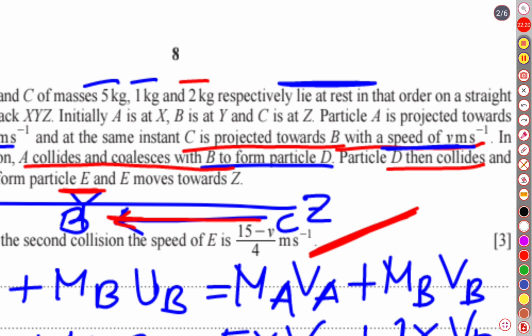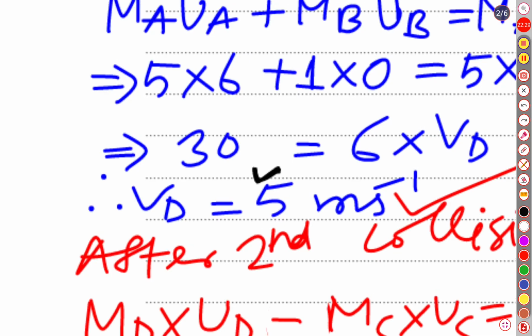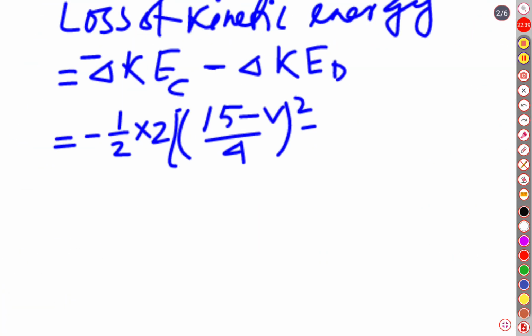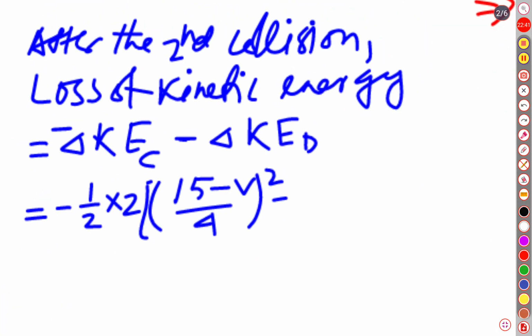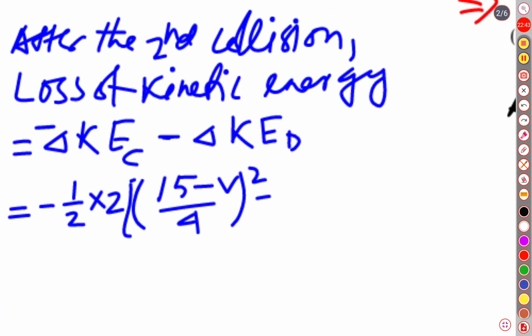So the initial velocity of C was v meter per second, whereas the initial velocity of D was 5 meter per second. So we are going to just substitute these values. The initial velocity of C gives v square.